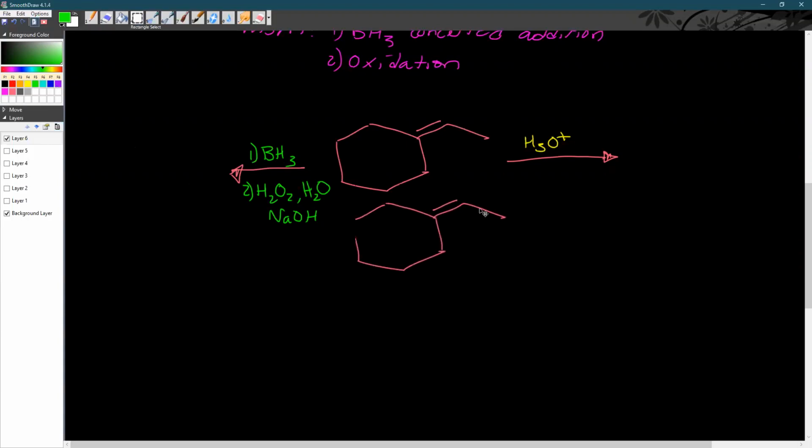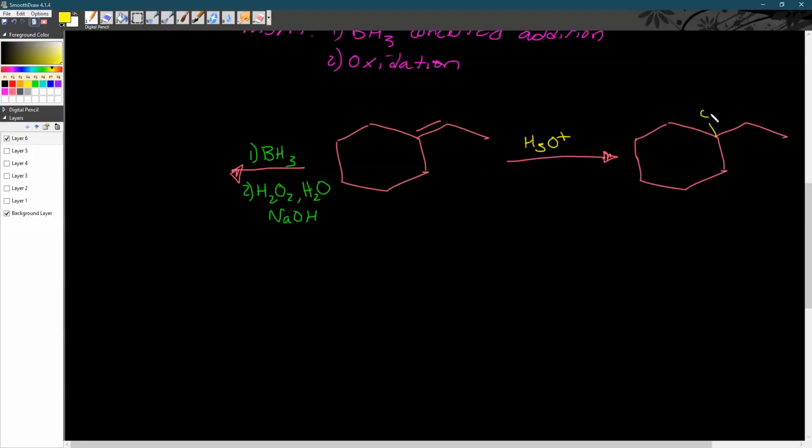Well, we know that based on what we've done before, this is acid catalyzed hydration. But wait, where's the acid? Well, we're talking about H3O plus, right? Which is the conjugate acid of water. And so what we know is that this carbon-carbon double bond will degrade into a single bond. And we're going to be adding H and OH across the carbon-carbon bond.